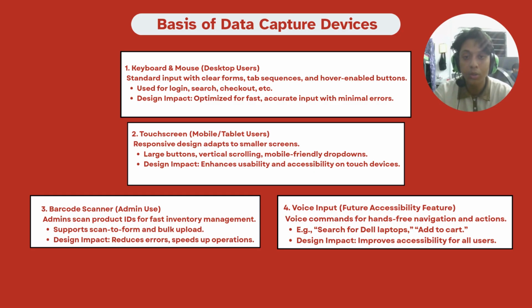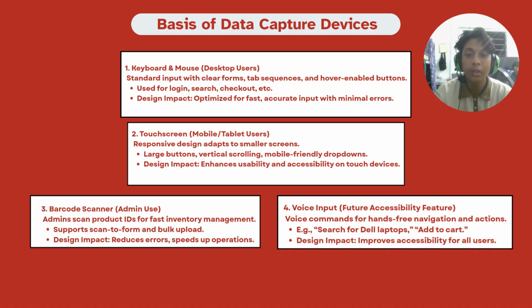The last but not least is voice input, as an accessibility enhancement. The CyberGo interface is designed with speech voice input capability to enhance accessibility. The key features include searching for laptop models using voice commands. For example, search for Dell laptops and it will navigate you.